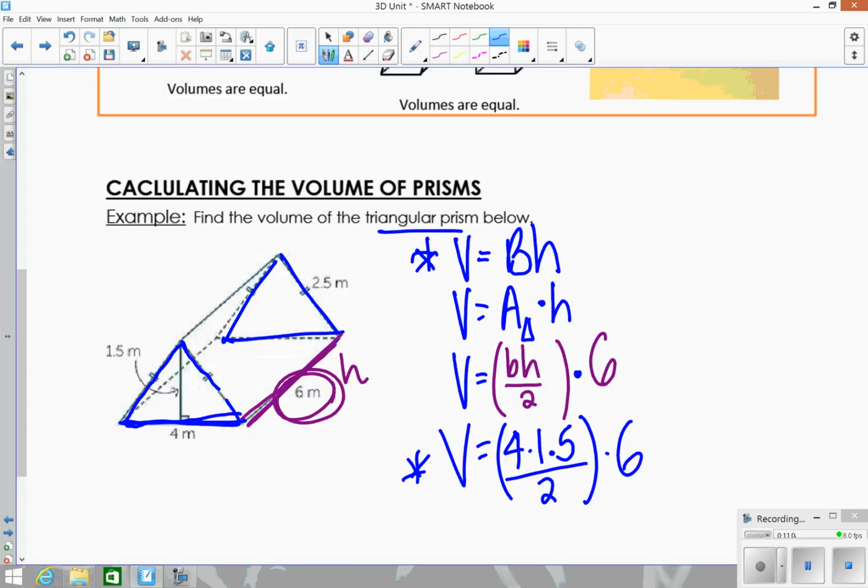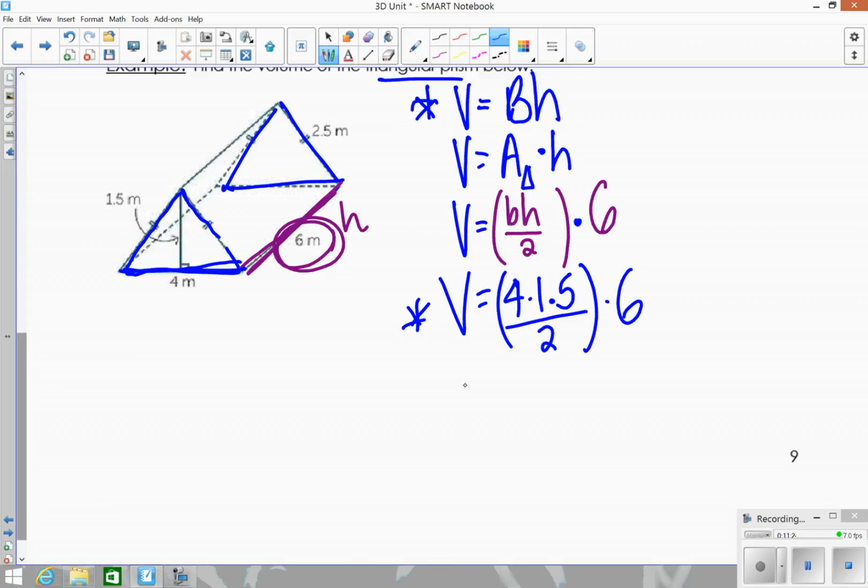If it was a rectangle, you would do length times width; for a triangle, base times height over 2. If it were an octagon or something like that, typically they're going to give you that area to use, or you could have to find it using what we did in the last unit. For this, you multiply those, and you're going to end up with 18. The units on this are meters, and since we're talking about volume, it's going to be meters cubed.